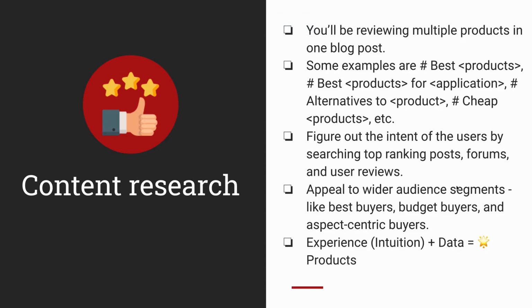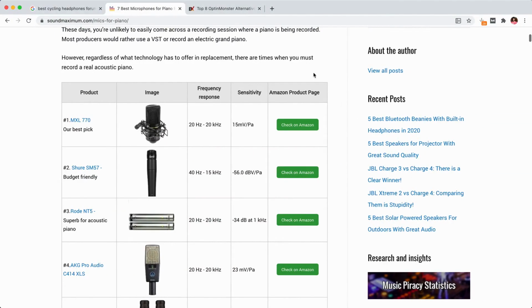And also, when it comes to content, it's very important to combine your experience or intuition plus data. You may feel that this microphone may be the best, but it may not be. You need to see the real data, whether this microphone has been a top performer according to many forums, discussions, or authority sites in the industry.